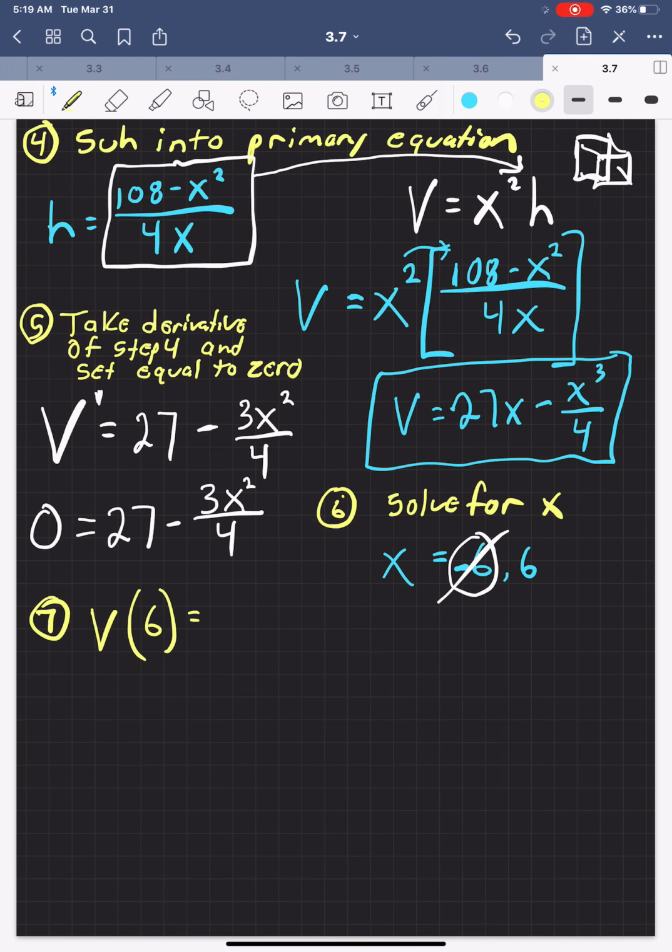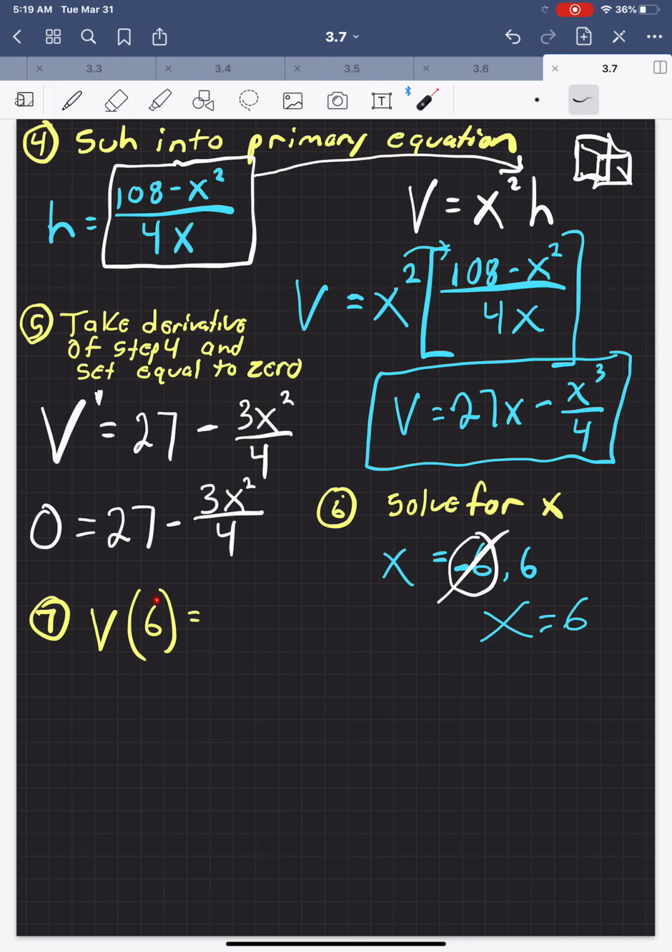So let's just make sure you follow me here. We left off with x is equal to 6. We threw away the negative 6 because it didn't make any sense for what we were doing.